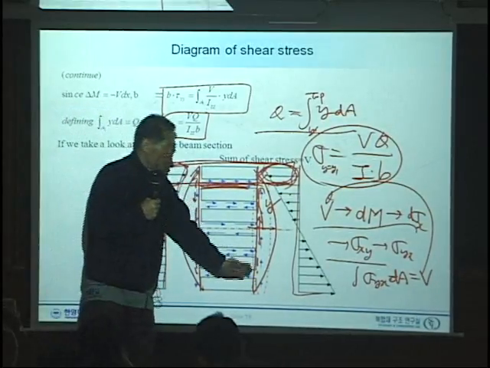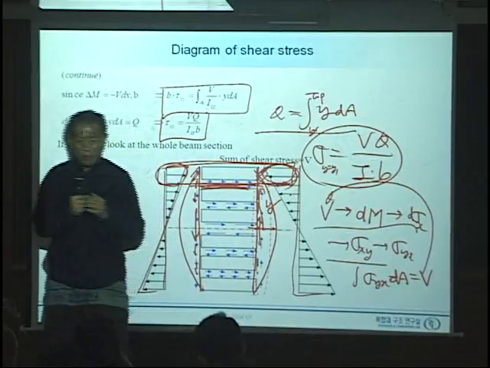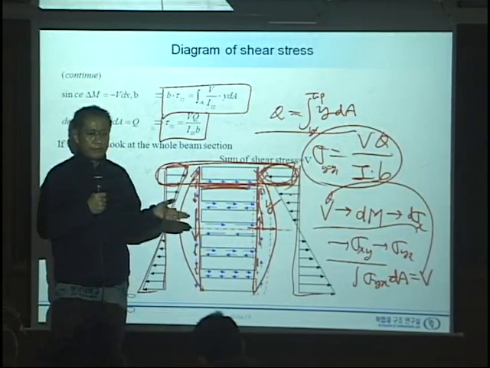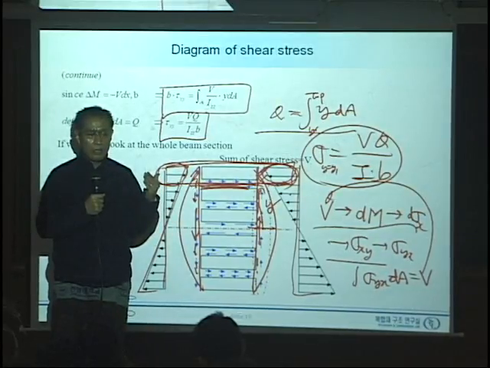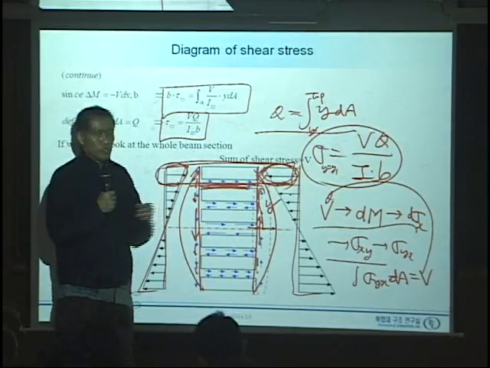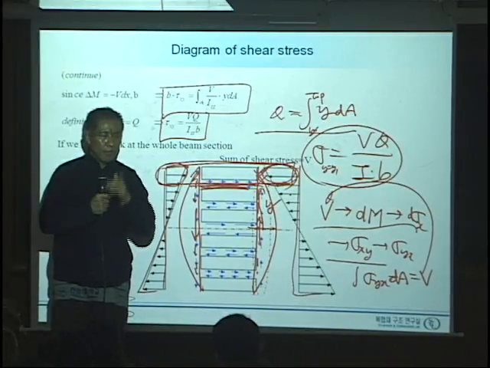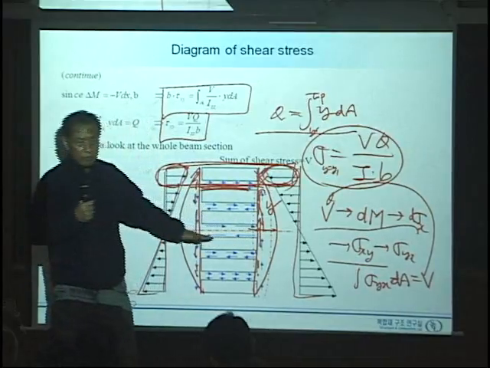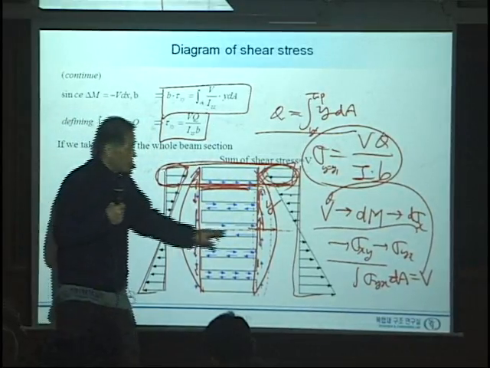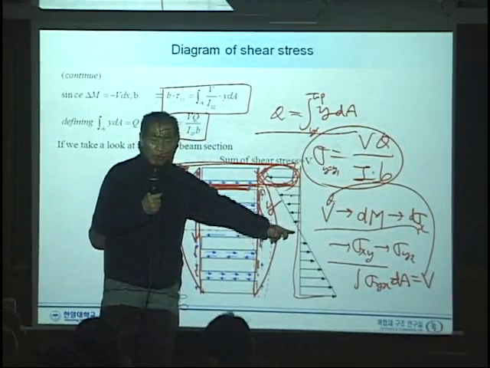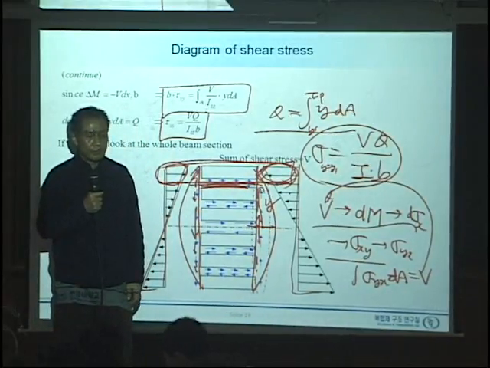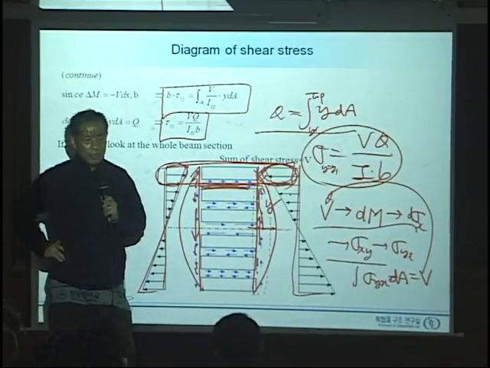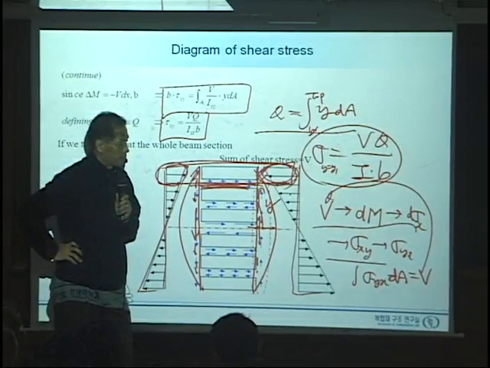So not straight and not linear, it is parabolic. And pay attention here, where do you have the maximum shear stress? Maximum shear stress always occurs at the mid-neutral axis, where stress sigma x equals 0. Okay? Shear stress is always maximum there.